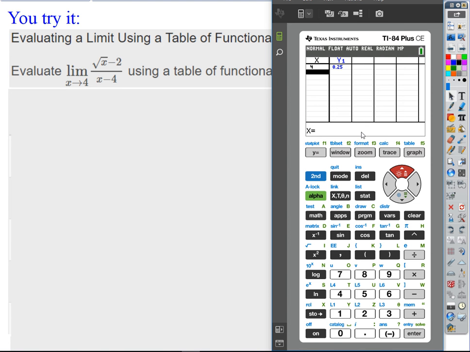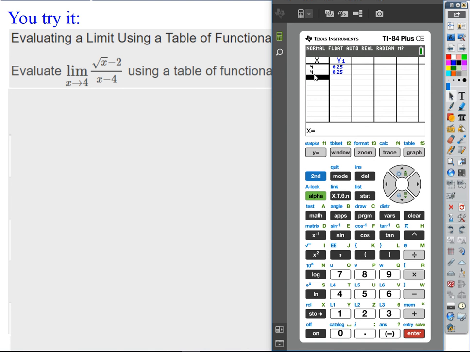And then when I put in 4.0001 and hit enter, it also tells me 0.25. So within the ability of this thing to round, it's 1/4.